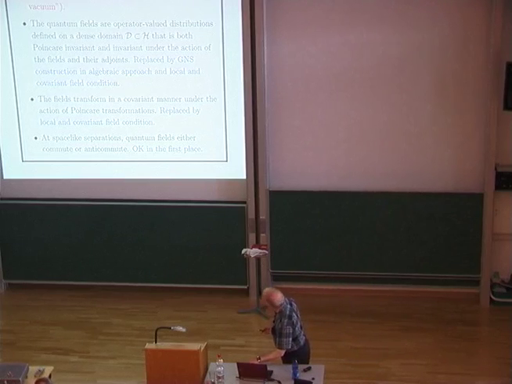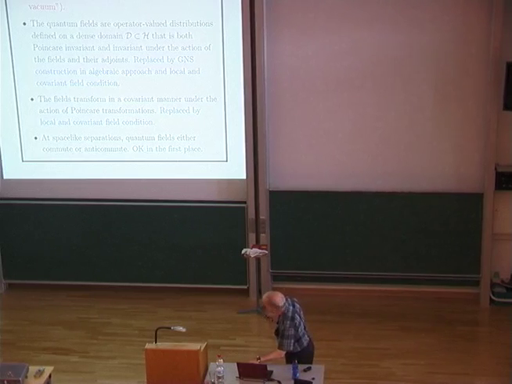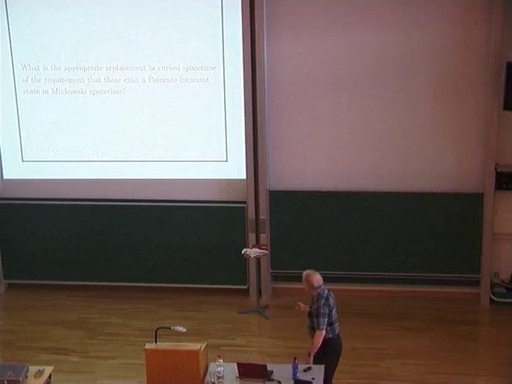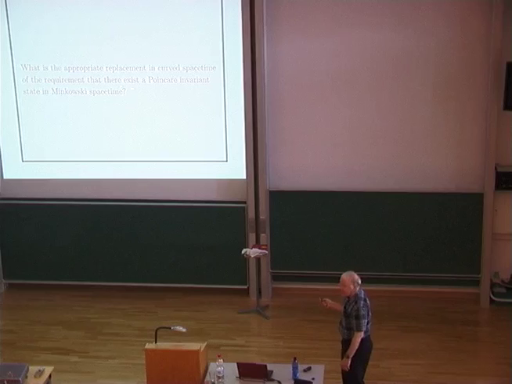So taking stock of things using the ideas that I've described so far, which I would regard as fully well established and accepted by people, or not controversial at all, what leaves us is the issue of what do we do in curved space-time to adequately replace the requirement that there be a Poincare invariant state?